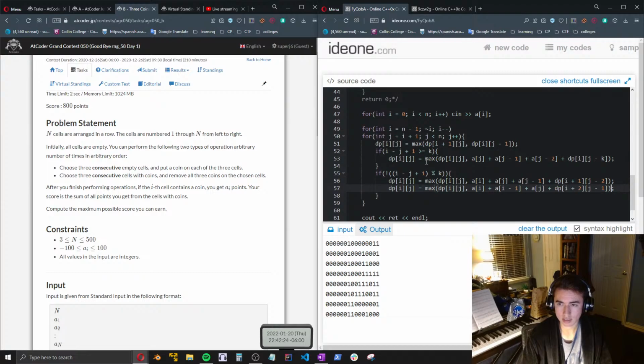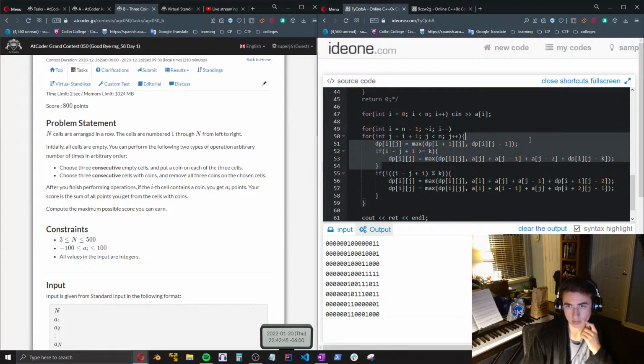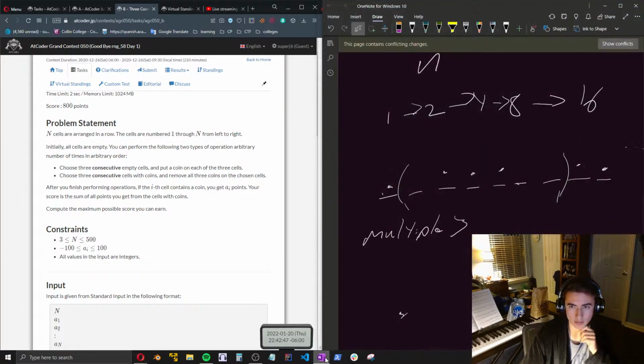Do we need this case? I don't think we need this case. What we need to do then is add two separate parentheses groups, right?